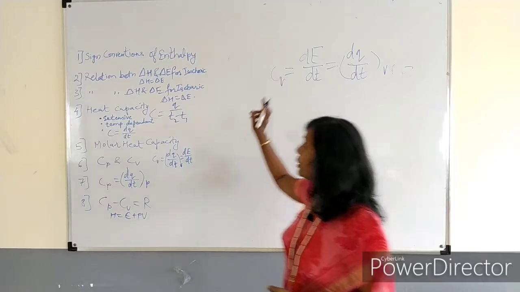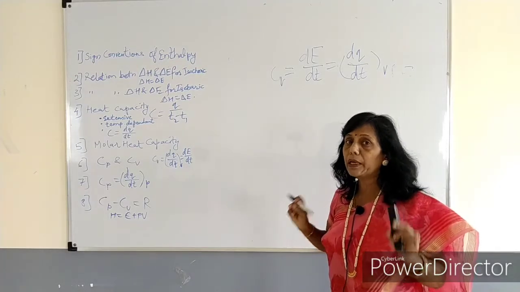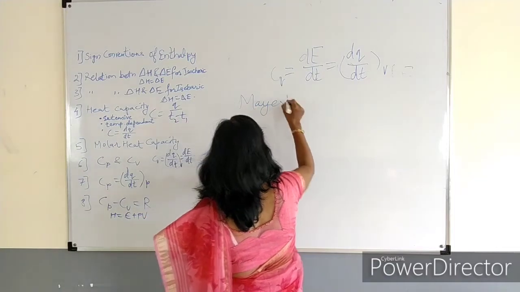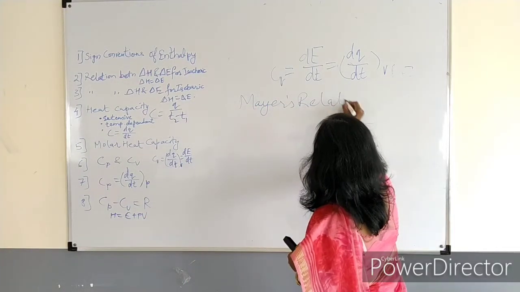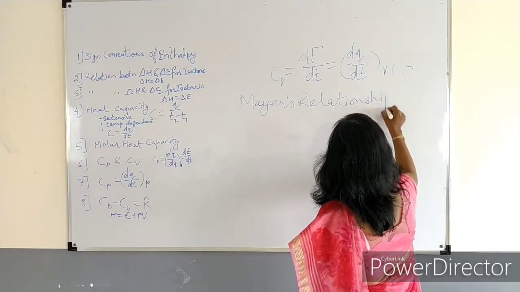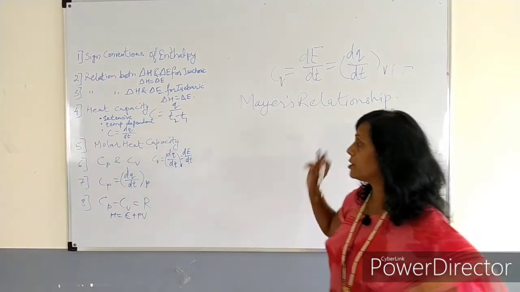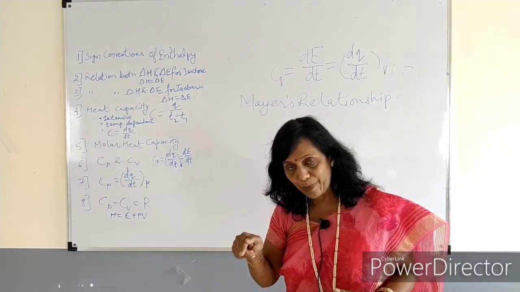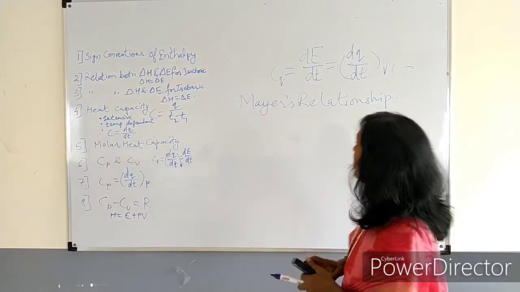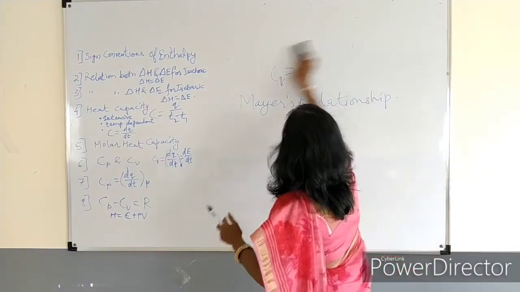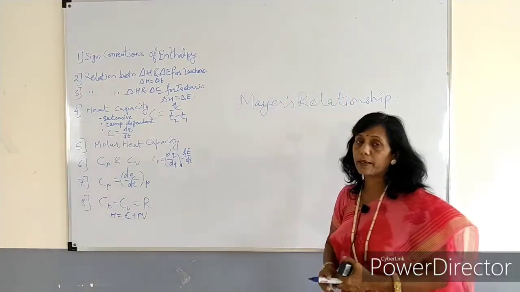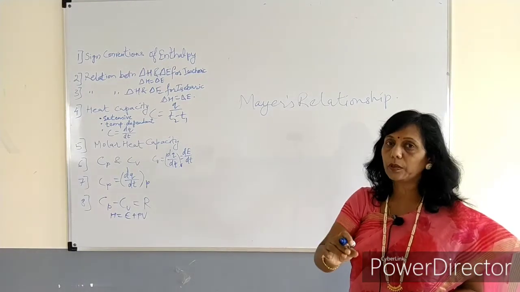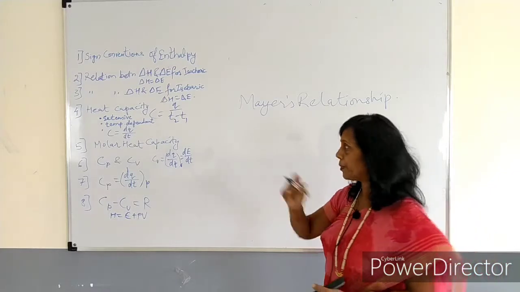Now further we are going to discuss Mayer's relationship. What is that? Mayer's relationship tells us about the relationship between Cp and Cv, right? Clear? Now let us come back to our mathematical expression for the enthalpy.